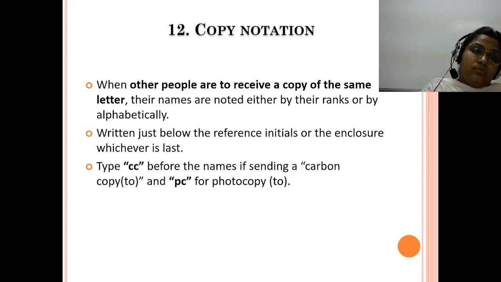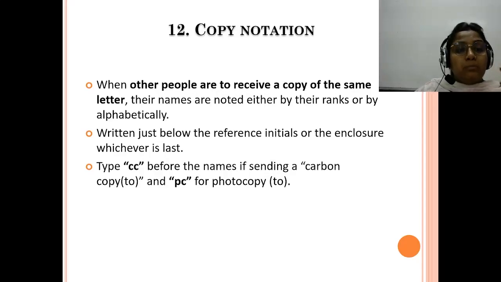Copy notation. What do you understand by copy notation? Copy notation is basically like CC. Without telling the person you are sending the letter to, you can put another person in the CC, that is the carbon copy, where you show specific information to the other person.